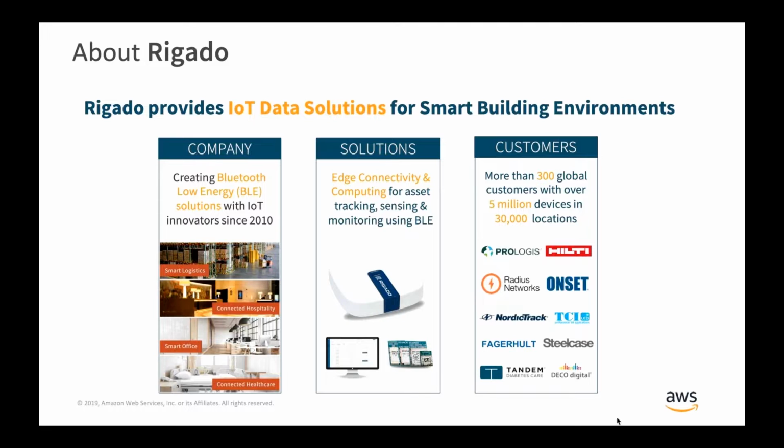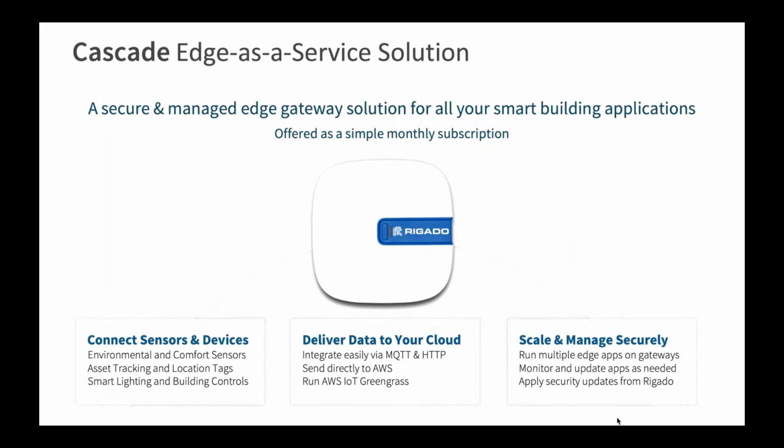And the way in which we approach those solutions is really as a simplified edge as a service solution. So the concept behind this is that Rigado can bring sensors or connect to third-party sensors, run edge intelligence, whether that's Greengrass or integrating sensor data directly to an MQTT or HTTP endpoint. And then while your data is flowing to the cloud, Rigado manages all of the security, the updates, monitoring, and orchestration of everything that's happening at the edge. So that's the approach that we've taken to these deployments.